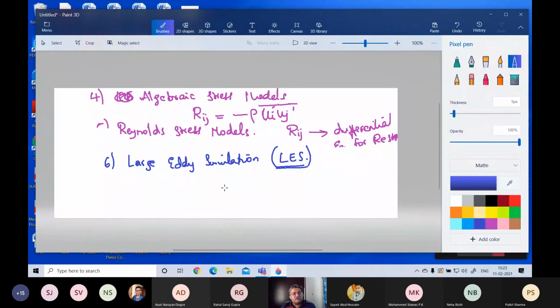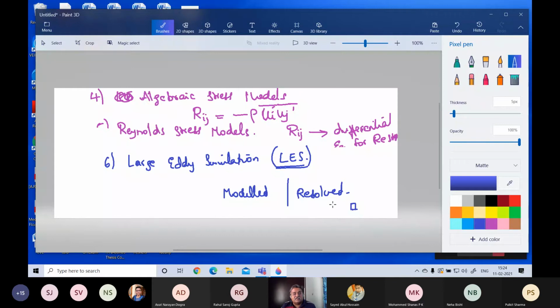Modeled, you know what it means: we use algebraic models. Resolved means we use the differential equation and we use a grid as small as the smallest eddy.